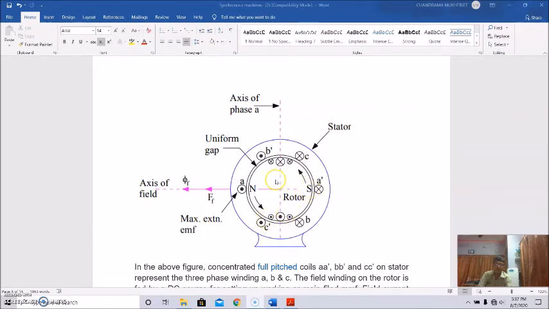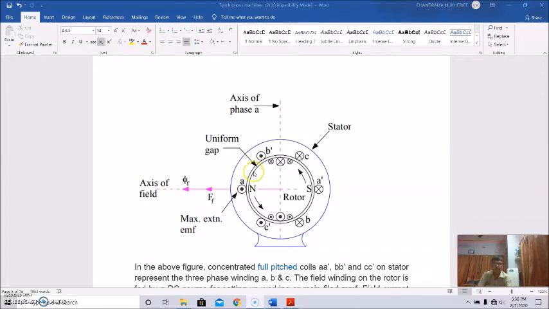This is phase A, and this is phase B, 120 degrees apart from phase A. This is phase C, again 120 degrees apart. If this is coil A, this is the axis of phase A. And this is the field winding, the axis of the field coil, which is the axis of the field flux or field MMF.